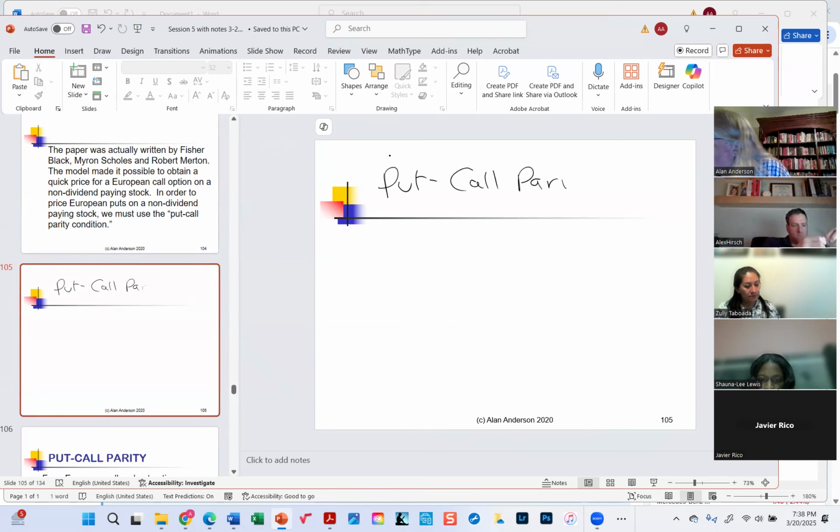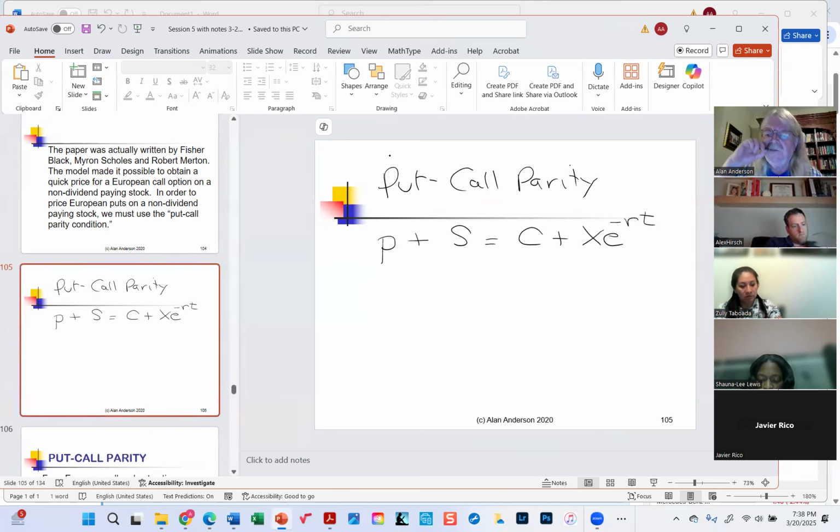By the way, the word parity means an equality of some kind. It's usually written like this, but if you want to, you could rewrite it like this.